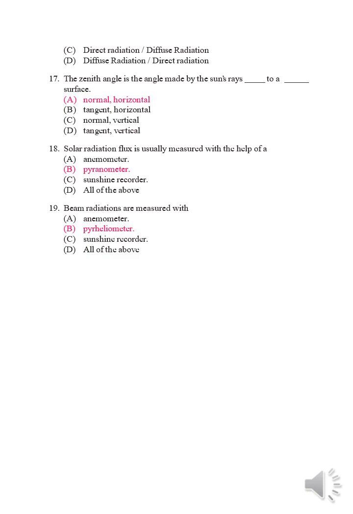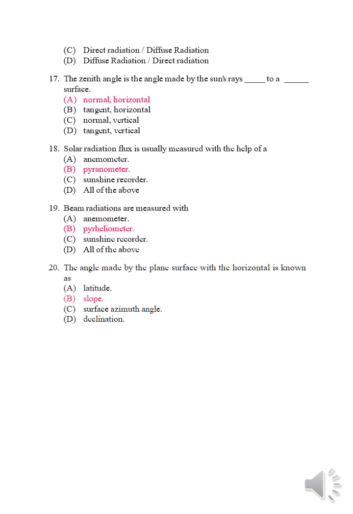Zenith angle is the angle made by the sun's rays with the normal to the horizontal surface. The solar radiation flux is usually measured with the help of pyranometer. The beam radiation is measured with the help of pyrheliometer.